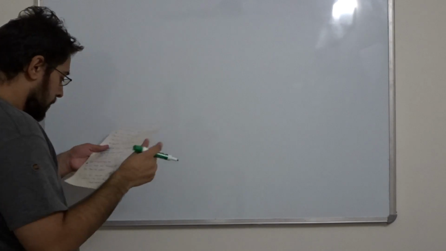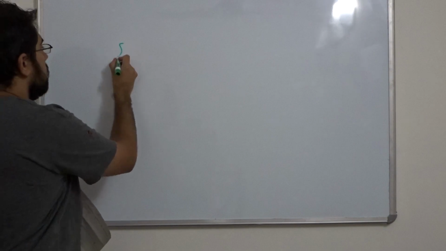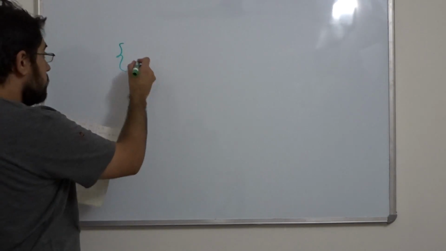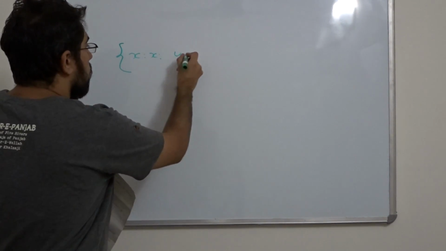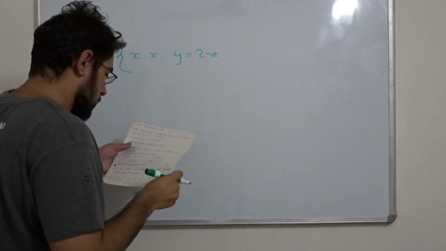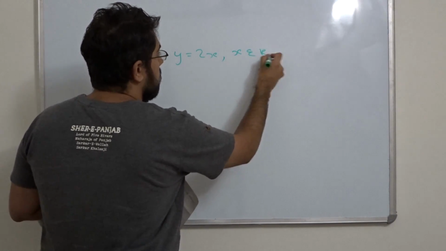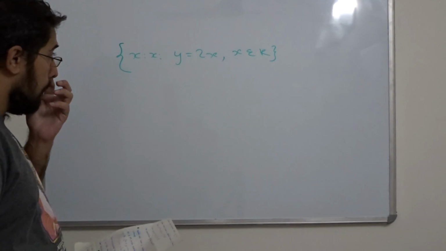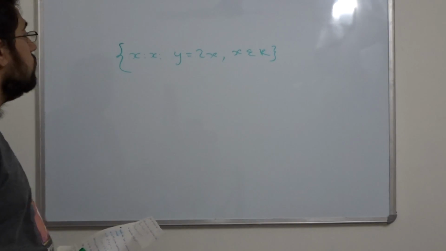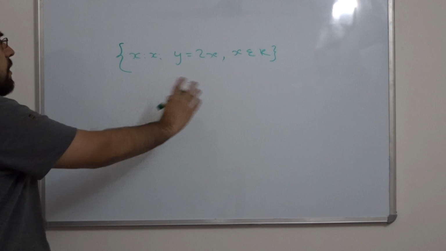But anyways, let's take another example. This is a very simple example. y equals 2x, where x is an element of the real numbers. Basically this has infinitely many solutions.